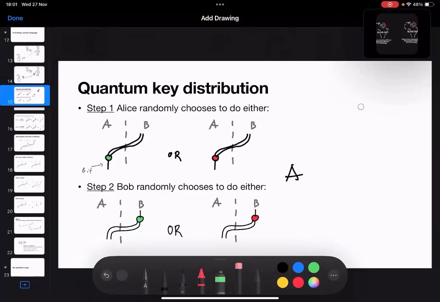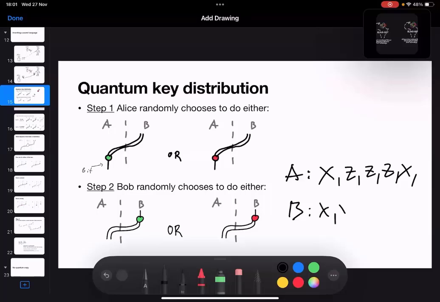Yes, okay. So let's say that Alice chose, these are chosen uniformly at random: X, Z, Z, Z, X, whatever. And Bob chose X, X, Z, X, Z. So in this case, they both have broadcasted all of these choices of bases, and they compare, and they see that the first choice of bases was the same, the third one was the same, everything else was different.